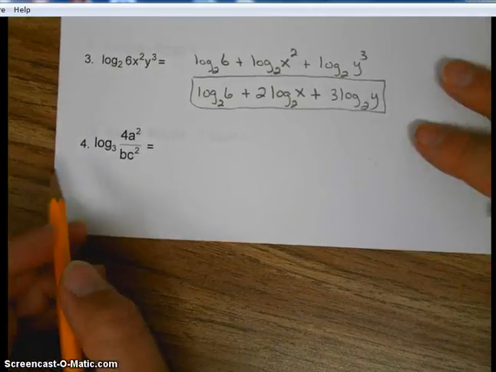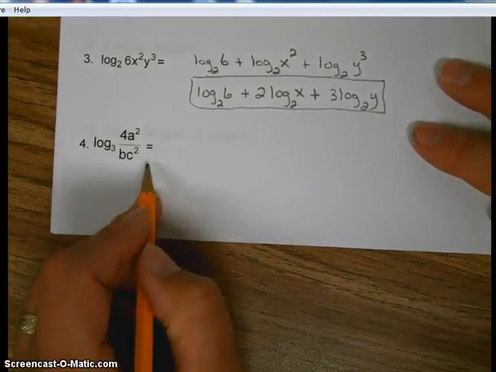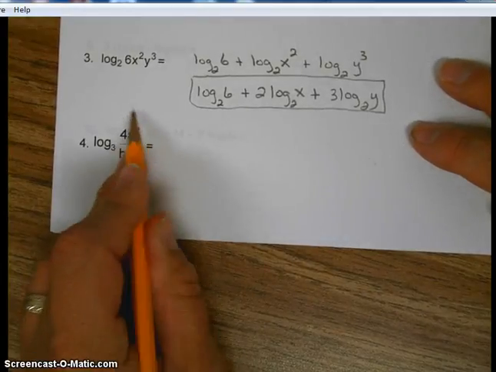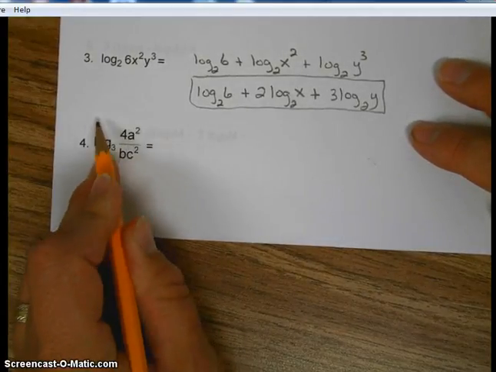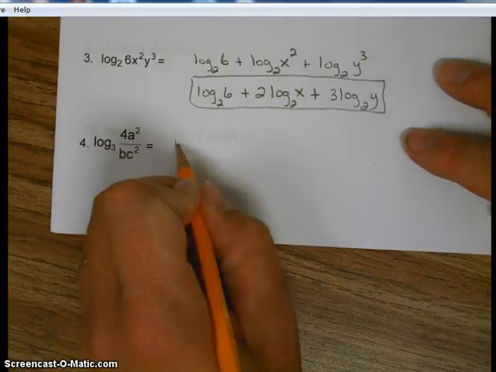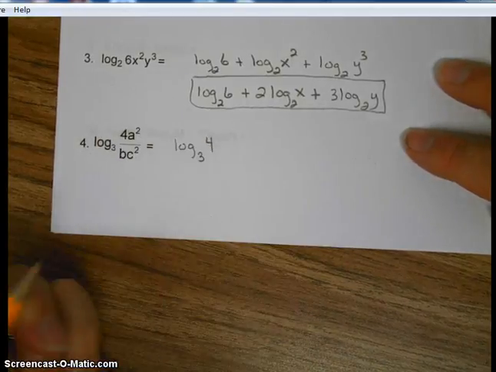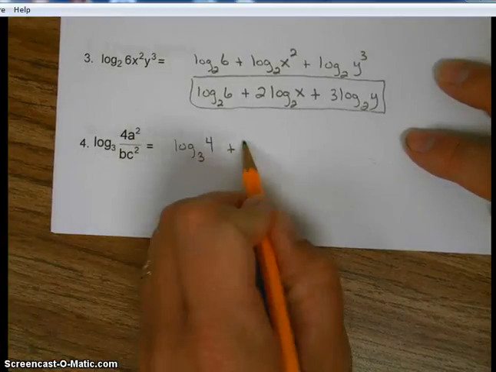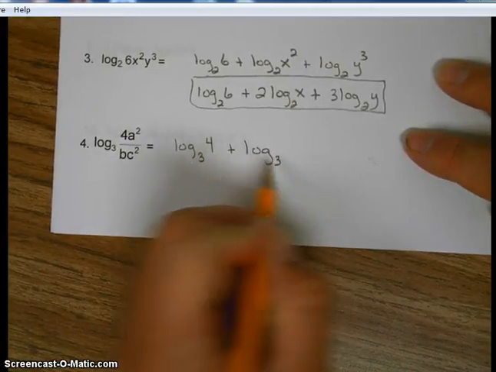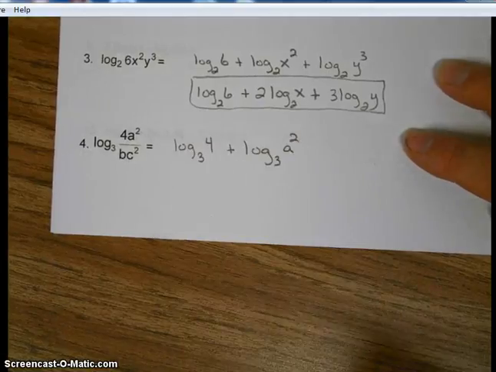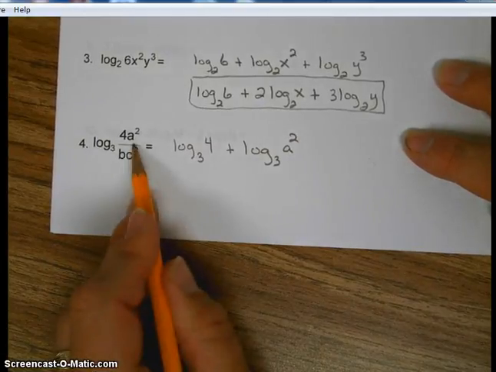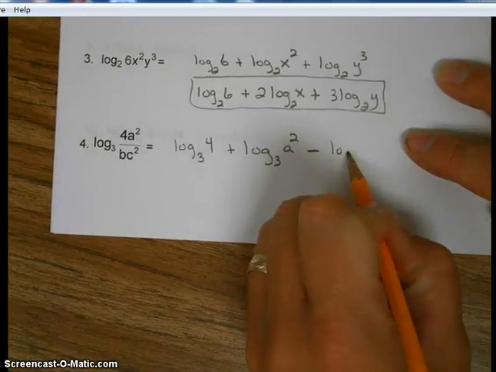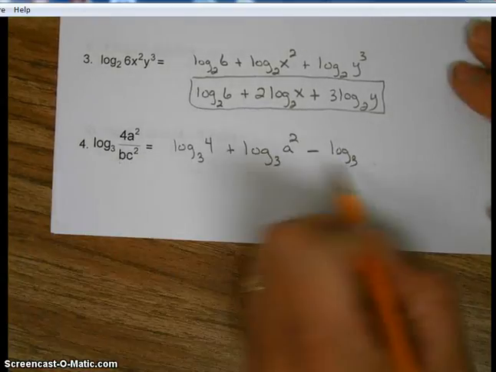Okay, number 4, again we have a combination of things. So what we want to do here is start by working in the numerator first. So we're going to have log base 3 of 4, then it's being multiplied, so add log base 3 of a squared, and then division, so we're going to subtract log base 3 of b.